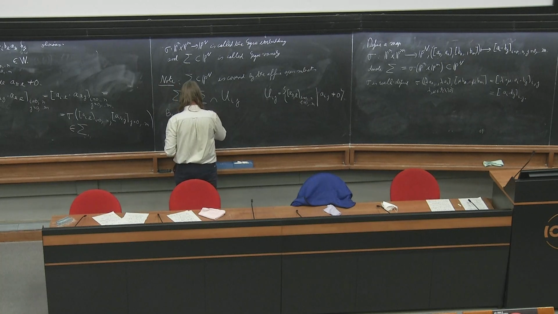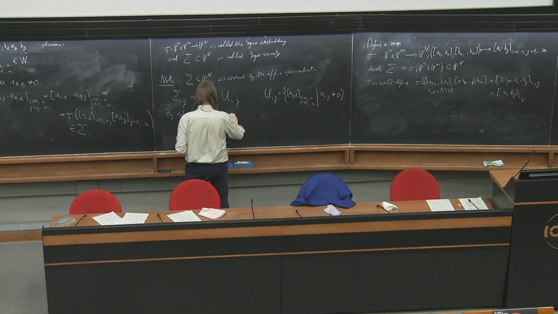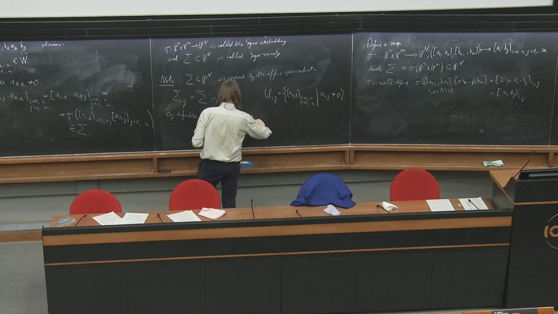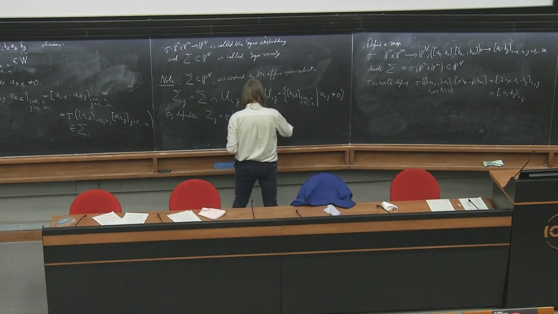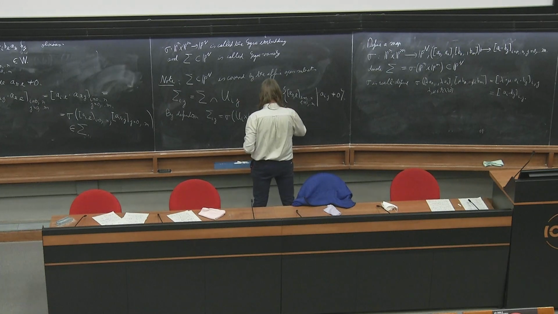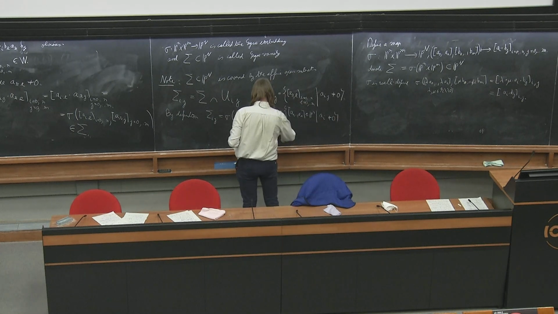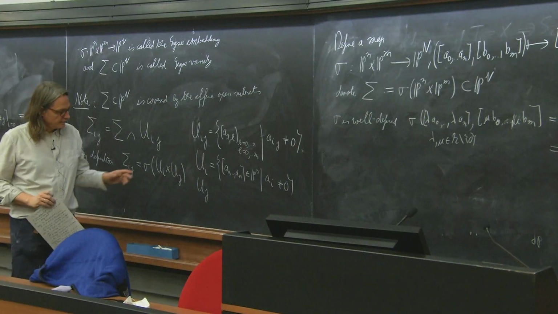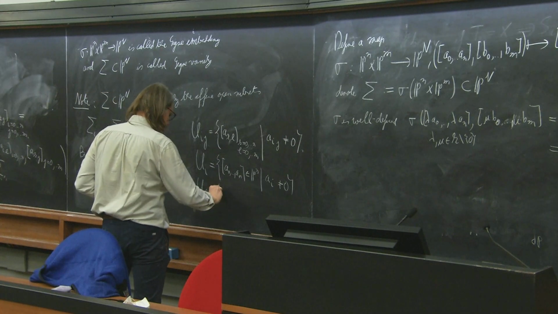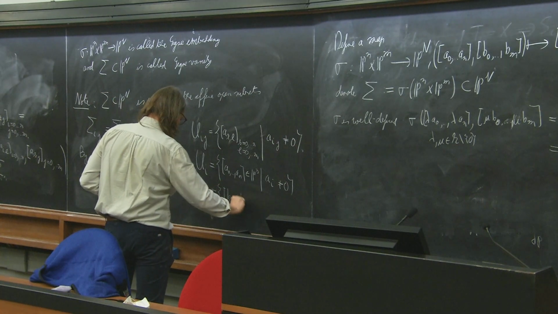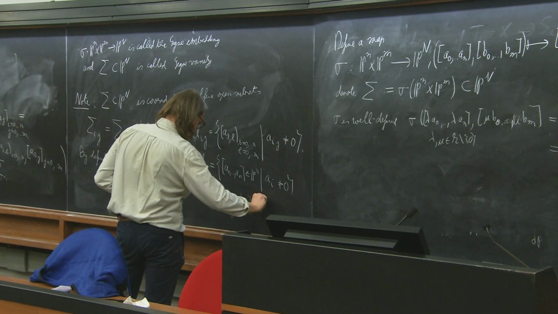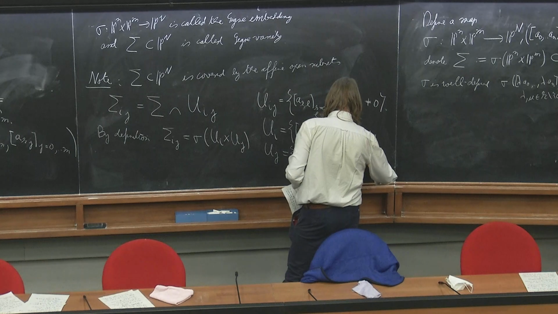We have that sigma ij is equal to sigma of Ui times Uj, where Ui is the set of all a0 to an in Pn such that ai is different from 0, and Uj, by a little bit of abuse of notation, is the set of all points in Pm, b0 to bm, such that bj is non-zero.